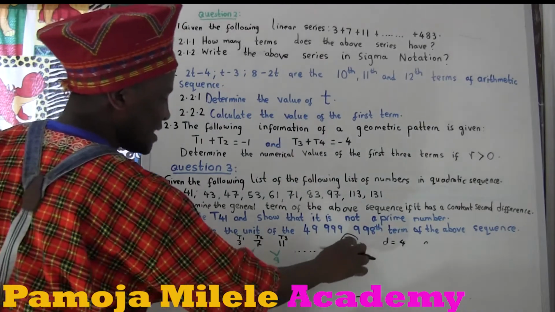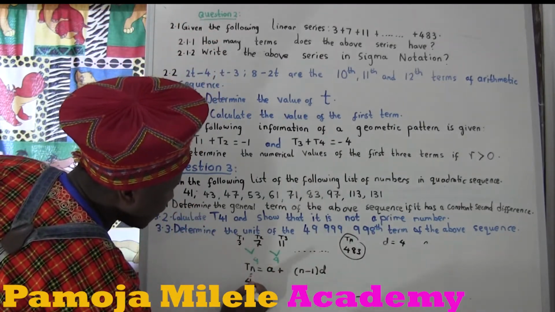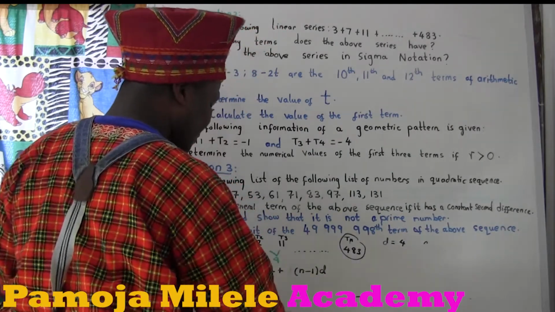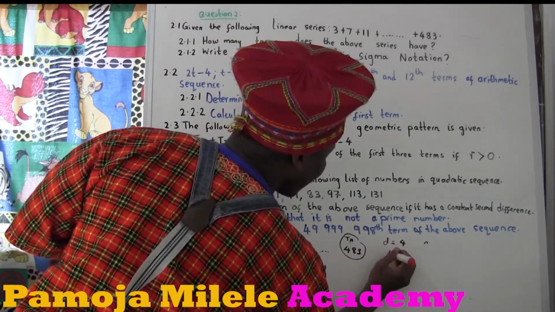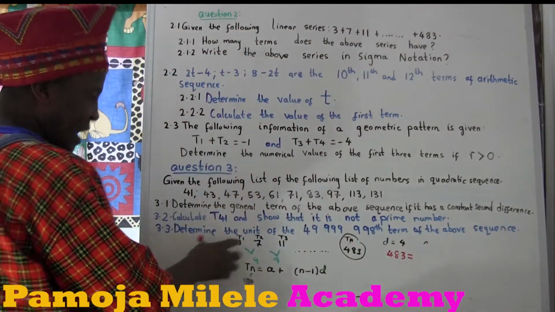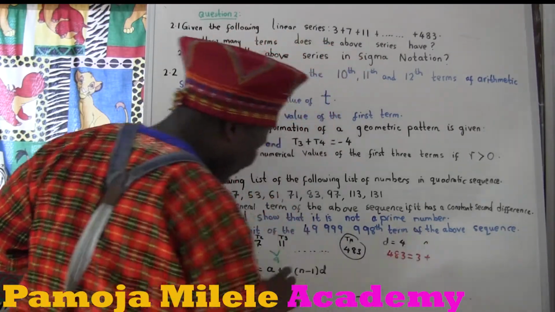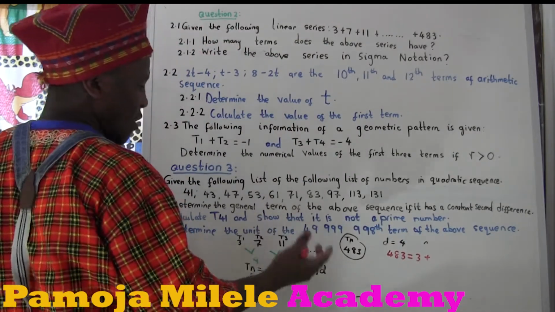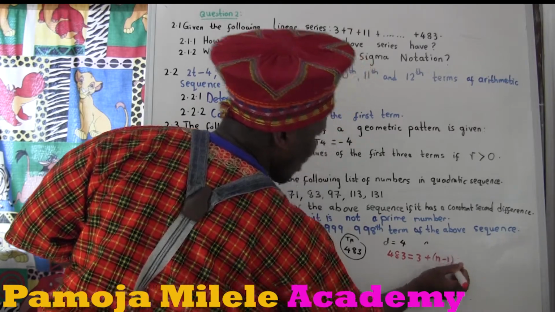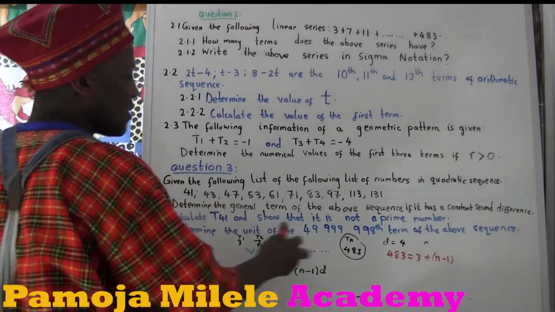Tn we have already: Tn equals 483, which equals a, the first term, which is 3, plus n minus 1 times the common difference, which equals 4.